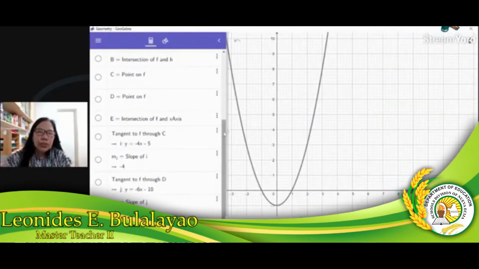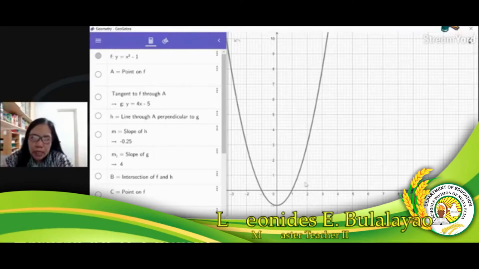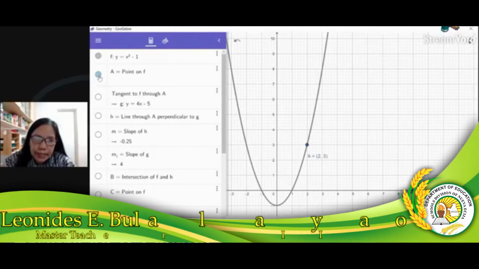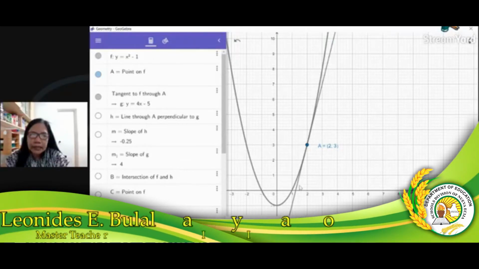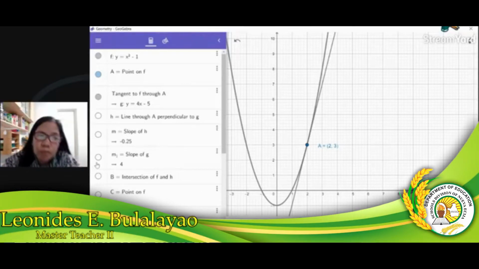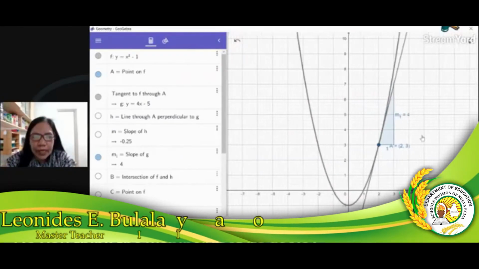Okay. So this is the graph of x squared minus 1, and we want to determine the tangent line at (2, 3). So here we have (2, 3). Then we can draw the tangent line to this curve. So this is the tangent line. And let us determine the slope. There. So the slope is 4.